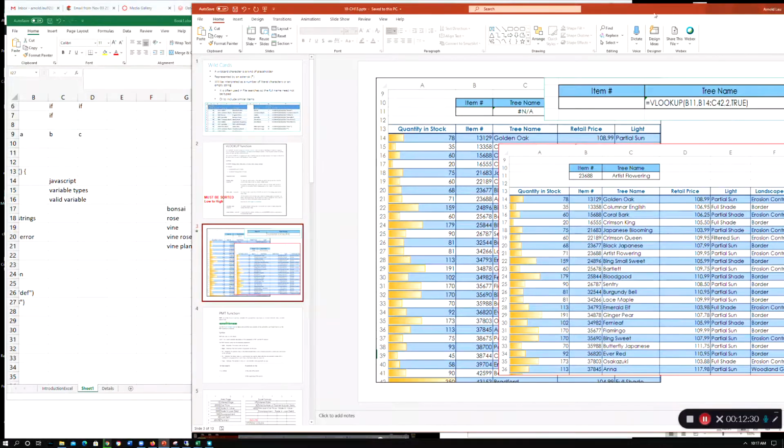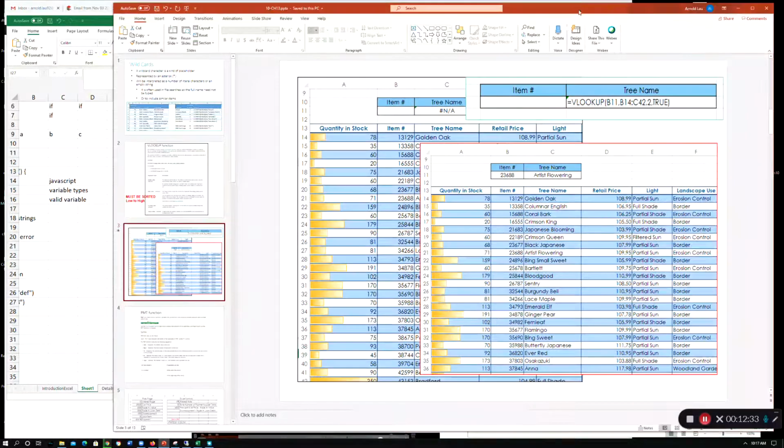So here on the PowerPoint slide, which some of you may have already looked at in the VLOOKUP resources, you can see here's the VLOOKUP, and they put in true, even though they didn't need to, right? But they put in the true just to be explicit, like I said. It's good to have that.